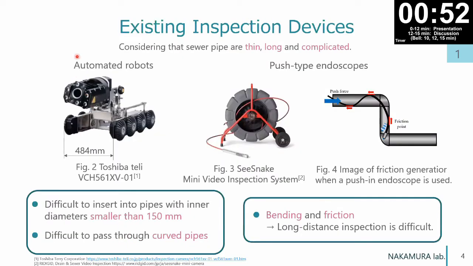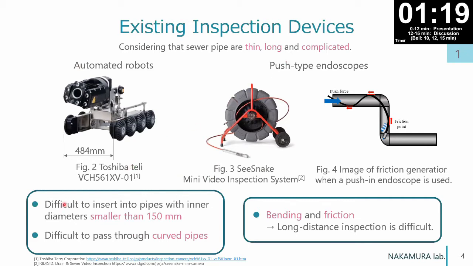Pipe inspection is performed using camera images obtained by special devices. Existing special devices include automated robots like figure 2 and the push type endoscope like figure 3. However, considering that sewer pipes are thin, long, and complicated, the devices have problems.